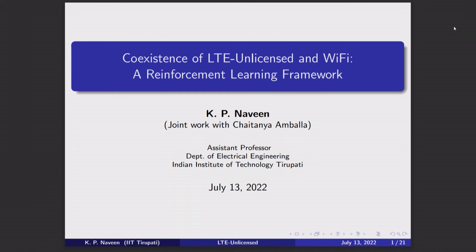We are using reinforcement learning to understand how to achieve coexistence between these two. This is joint work with my BTech project student Chaitanya, who is currently at TCS Labs in Hyderabad and is now going for a PhD at the University of Illinois at Urbana-Champaign.